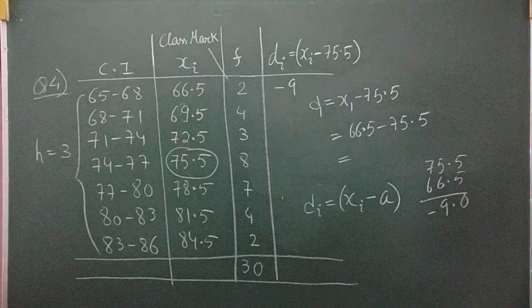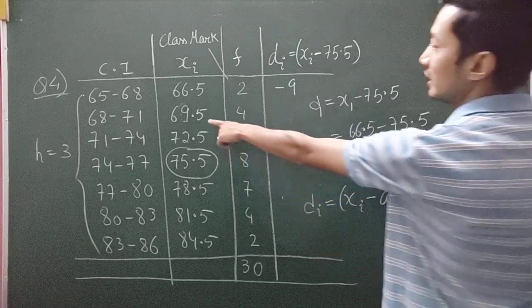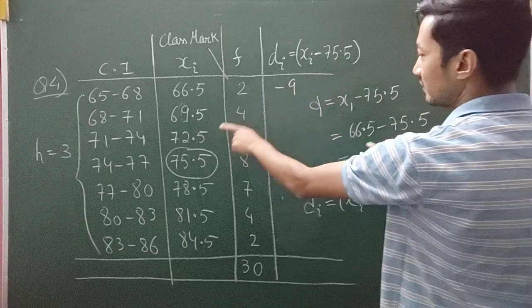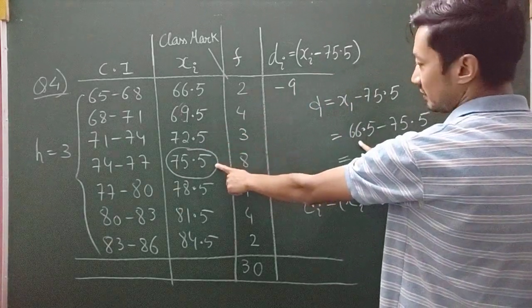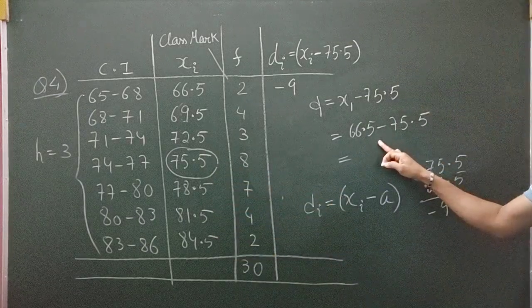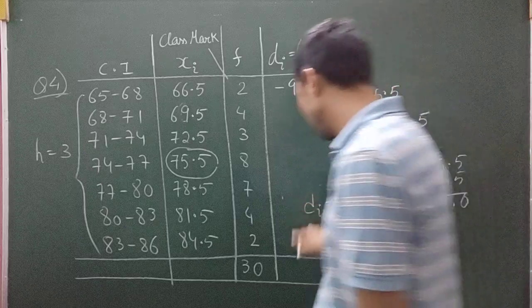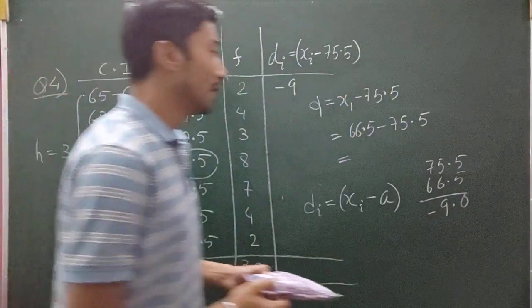Likewise, the next value will be 69.5 minus 75.5. Next value 72.5 minus 75.5. Next value 75.5. Likewise, you are going to subtract and calculate the values of D1, D2, D3, D4, D5, D6 and D7.